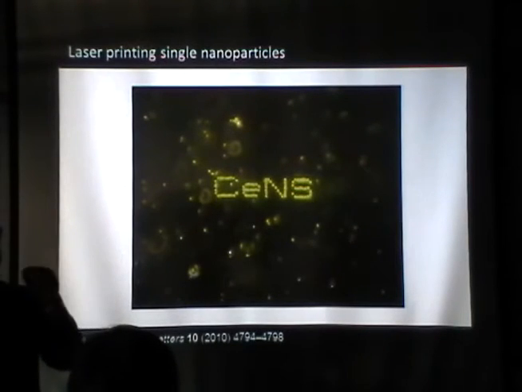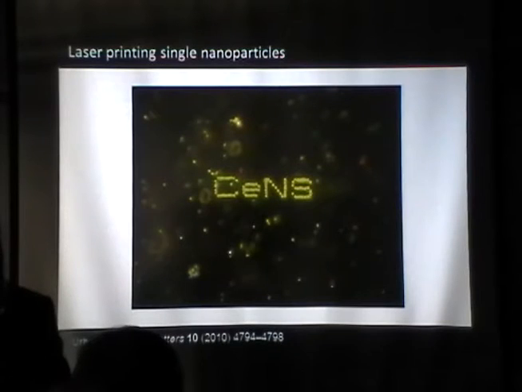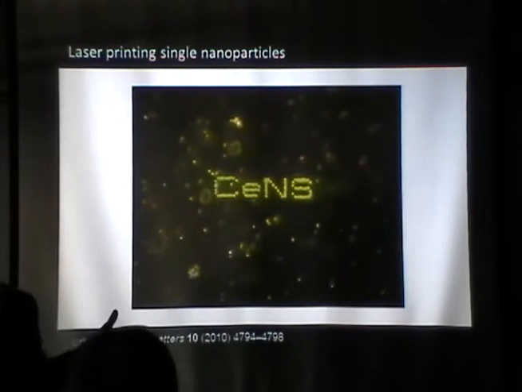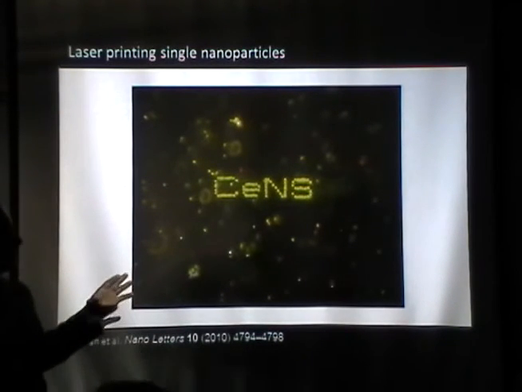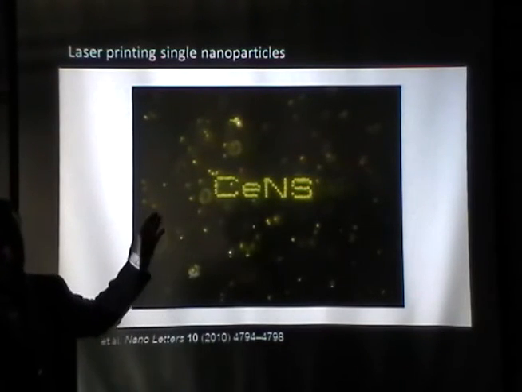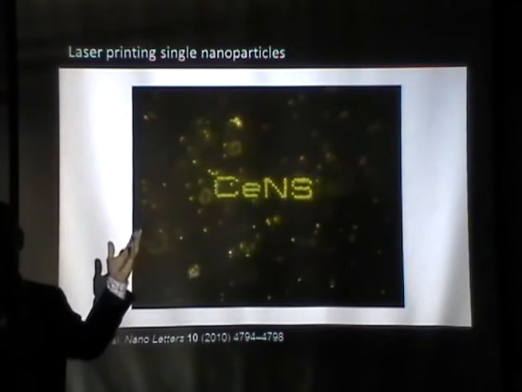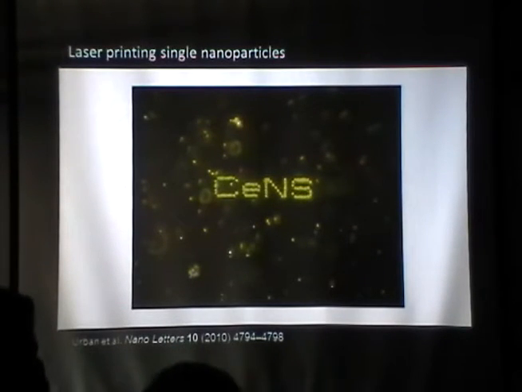That pulls the nanoparticle to the center, and it's pushed by the scattering force towards the surface. And that gives you your localization accuracy. But it's by chance, so you need to adjust the laser intensity and the nanoparticle concentration to have a reasonable printing rate. Otherwise, it's too slow.